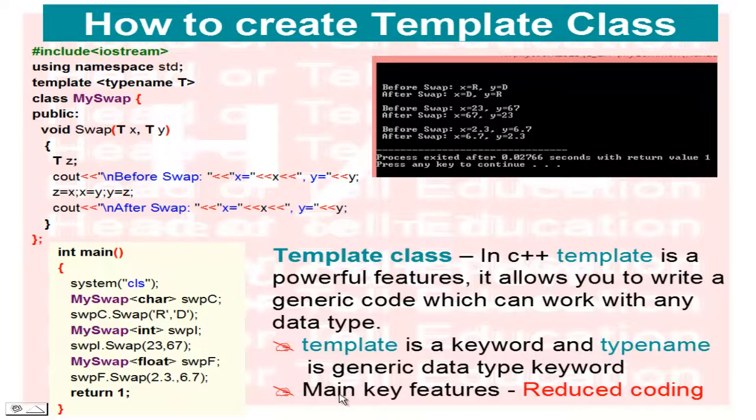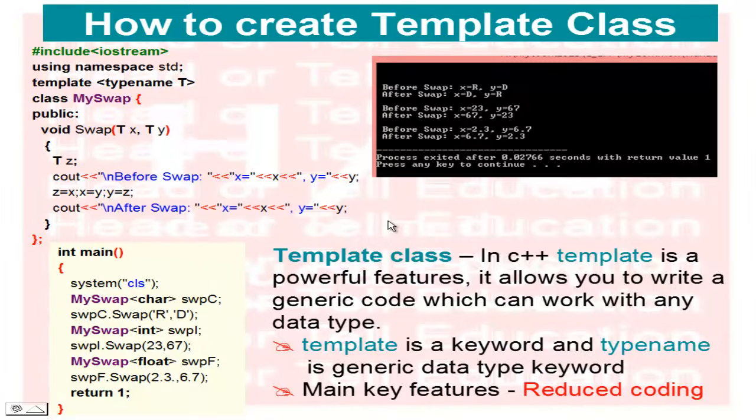The main key feature of this is reducing the code. So our code is reduced by using the template class. All the functions in a template class are template functions. This is also called a template function, and this is the template class.